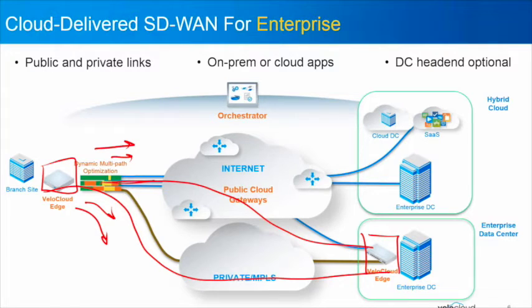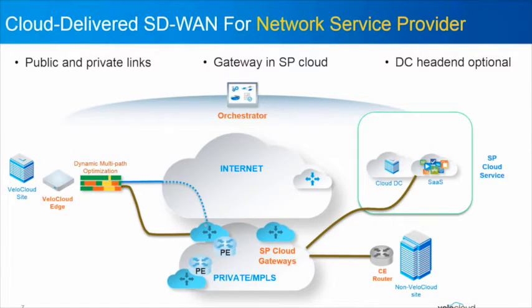What I think is more interesting for service providers is the ability to deploy our gateways into the service provider cloud network, or the service provider core network. In this case, as you can see, we're deploying our gateways in the same POPs where the service provider's PE routers exist.